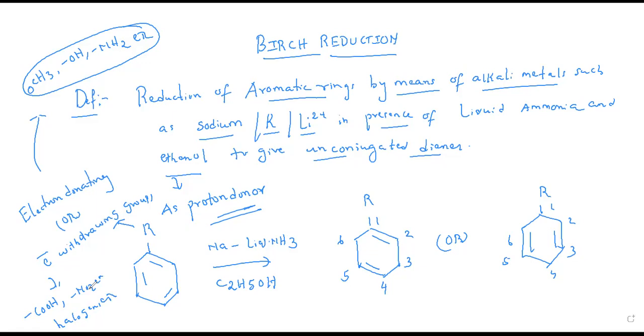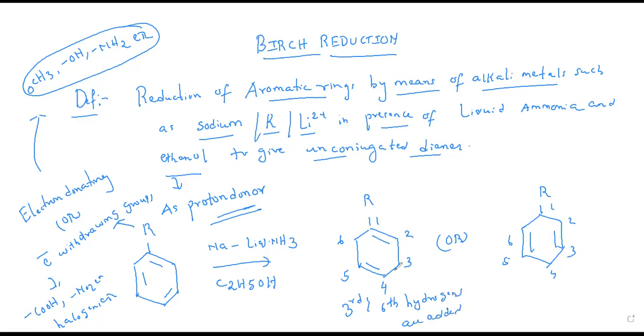What I mean to say is, when you substitute an electron donating group on the aromatic ring, you are going to get an unconjugated diene, and moreover, the hydrogen atoms are added at third and sixth position.